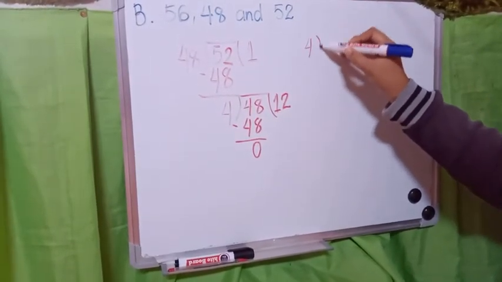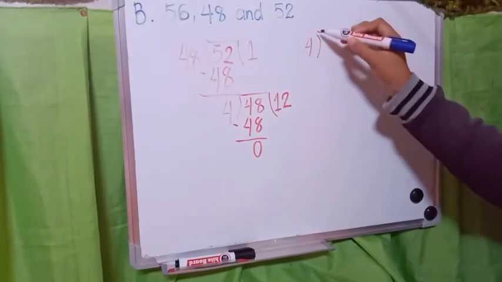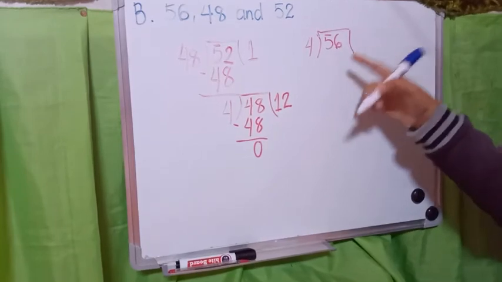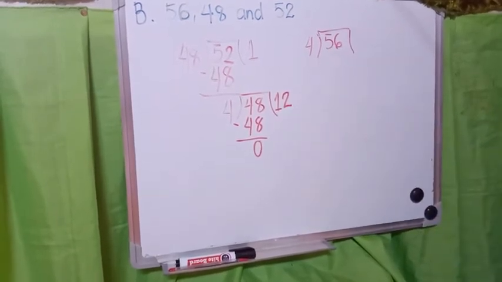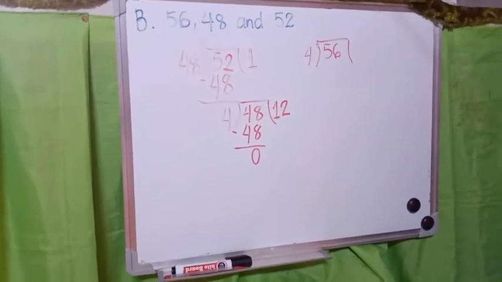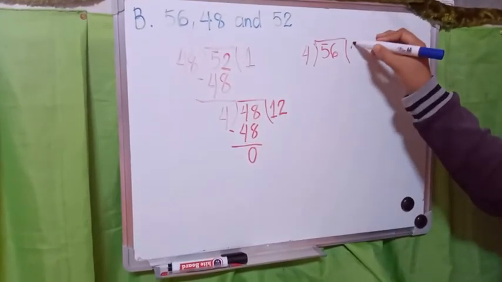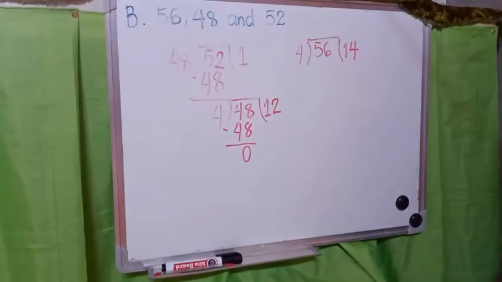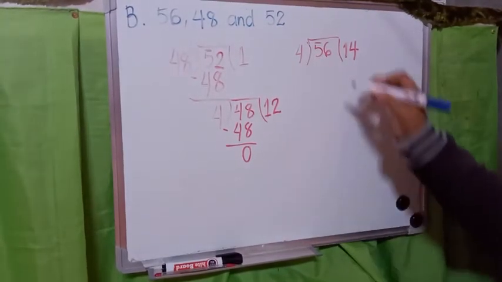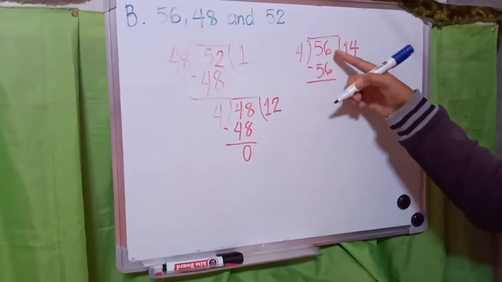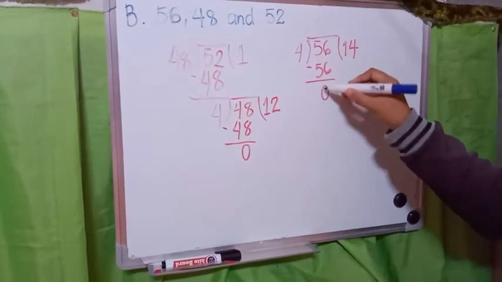So we'll have the continuous method: 56 divided by 4. How many? Okay, very good. That is 14. 14 times 4 is 56. If you subtract this, we get 0.